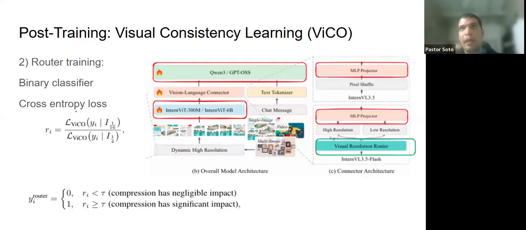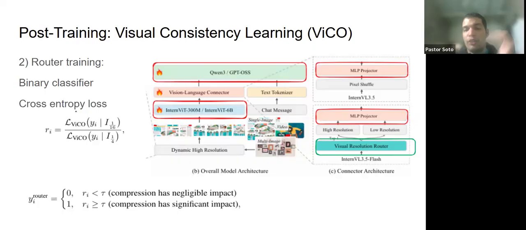So you go from a patch that has 1024 tokens to 64 tokens, while in the pixel shuffle, which is a compression method that they use in the other version of the model, they compress from 1024 tokens to 256 tokens. So this visual resolution router improves by over 50% the tokens that you will use without it.